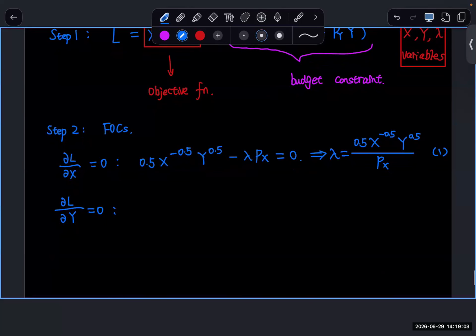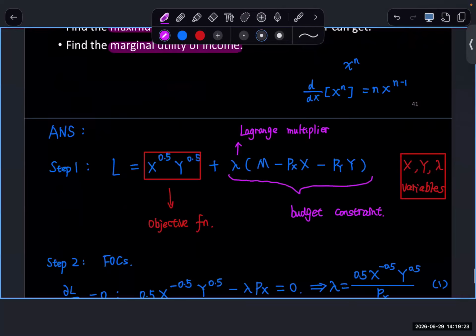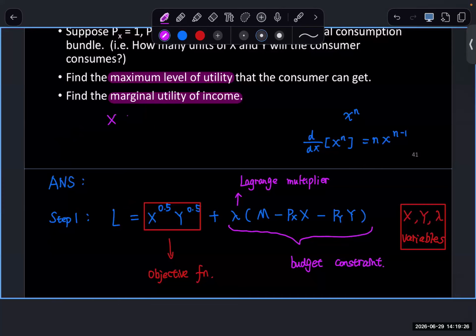It somehow looks the same, right? Okay, so here, 0.5. And then you treat x as constant, so x to the power 0.5. But here y is going to be to the power negative 0.5, okay? Because here we have x to the power 0.5, so if we take the derivative, it's going to be 0.5 x to the power 0.5 minus 1, which is 0.5 x to the power negative 0.5, okay?